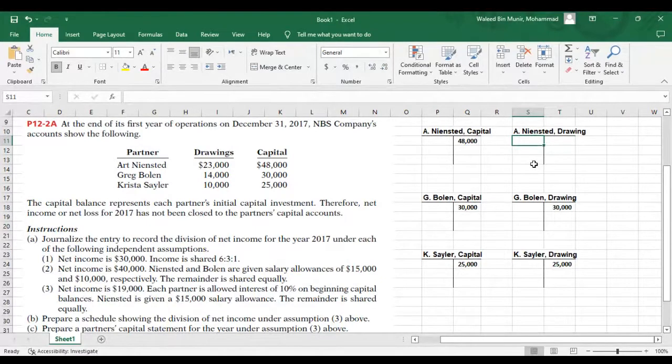Remember, in accounting, the drawing account should be on the debit side. I'm just writing the information given in the question, then we solve it.